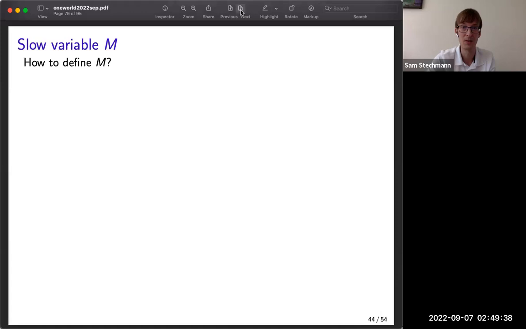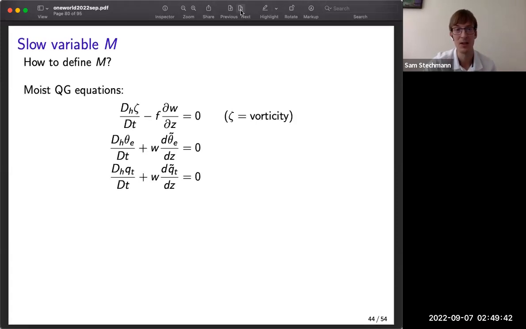Then the second new piece is this new slow variable M. I just wanted to mention this version of its definition. You could write these moist QG equations in terms of a vorticity evolution and theta E and QT evolution.